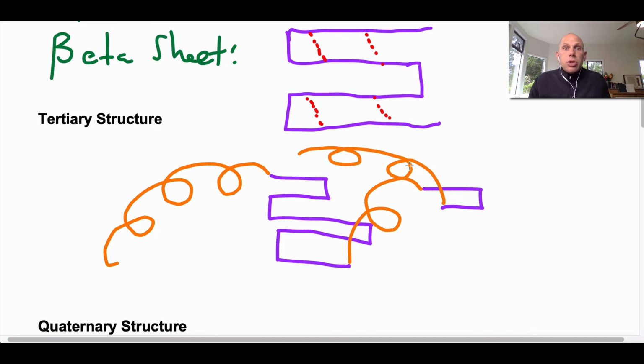Okay, so the tertiary structure is how the three-dimensional structure of the sequence folds in on itself, and this structure here is very important. I mean, this region right here might be a binding site for a protein.